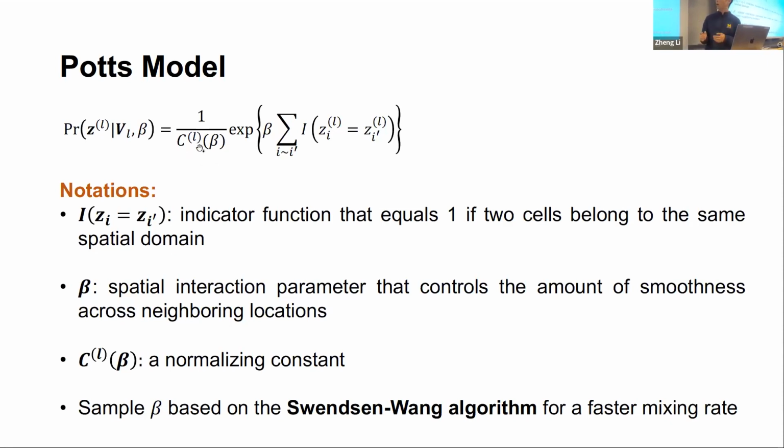It makes it really hard to evaluate this probability because it requires us to evaluate all the configurations of the spatial domains in order to get the normalizing constant. So we end up using an algorithm called the Swendsen-Wang algorithm, and it allows us to sample beta more efficiently, and it also allows for a faster mixing rate, which means the samples are less correlated with each other.